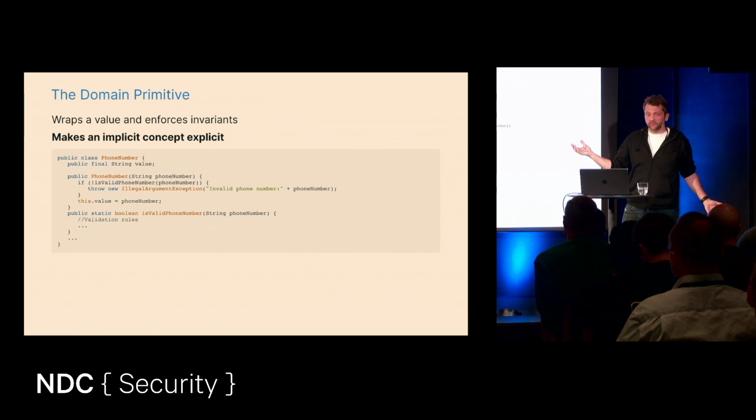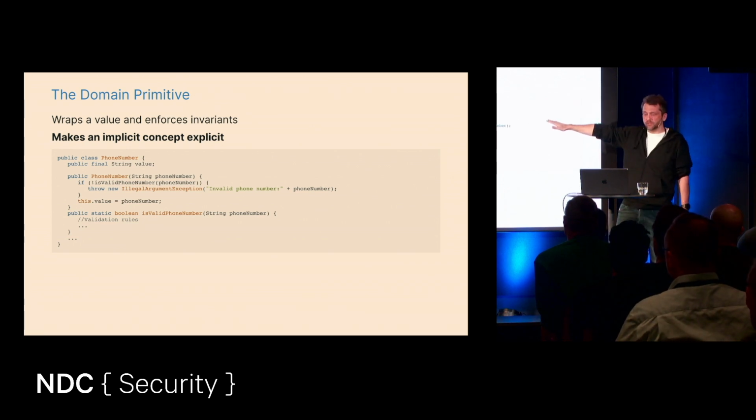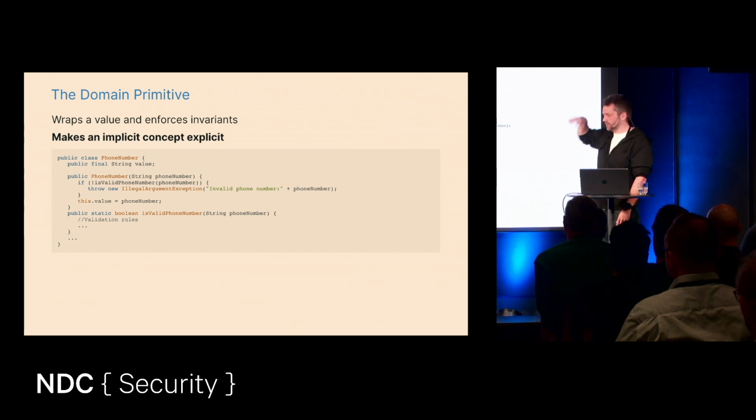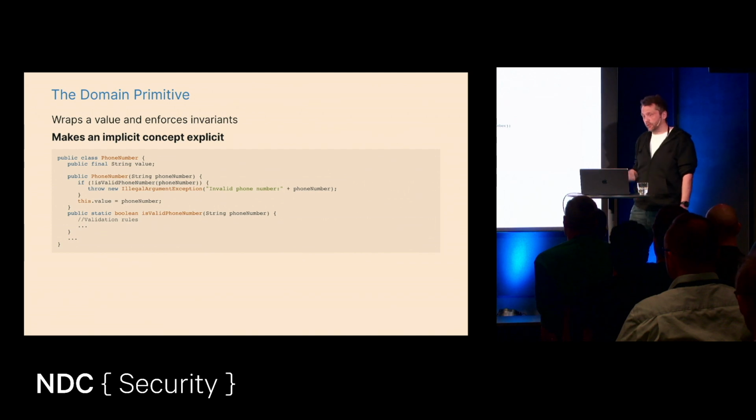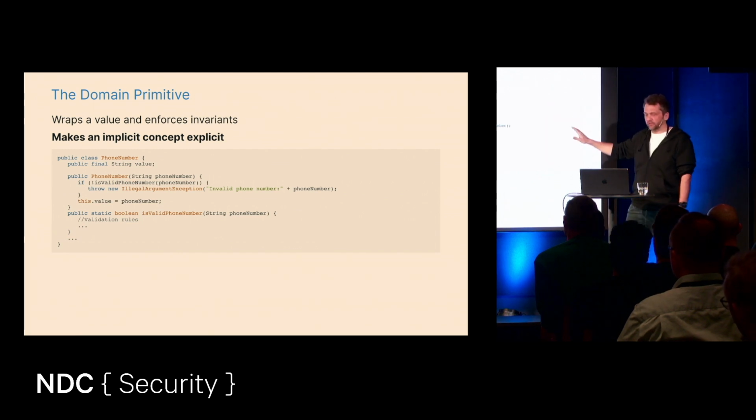So we can create a class, and within that class, in the constructor, we check that the string that we give it is in fact a phone number, or we might throw an exception and say, hey, this is not a phone number, this is a password, or this is an email address. It's not going to say that, it's just going to say invalid phone number, but you get the idea. We can have the class itself enforce that you're not inputting invalid data.